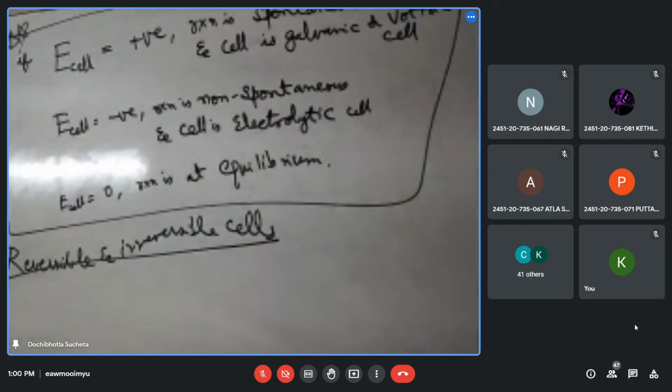Example, all secondary batteries like lead acid batteries, lithium ion batteries, etc. Next, irreversible cells.